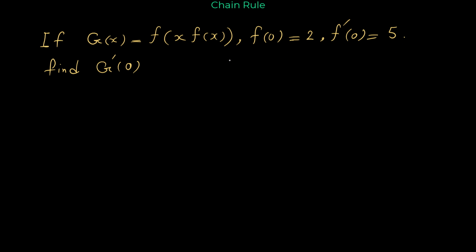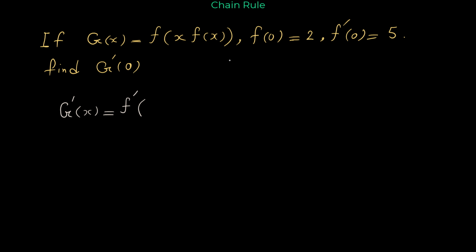Now look at this question. If g of x equals f of x times f of x, and f of 0 is 2, f prime of 0 is 5, find g prime of 0. Again, for finding the derivative of the function, we use the chain rule. First, we have to take the derivative of the outside. Outside is f.